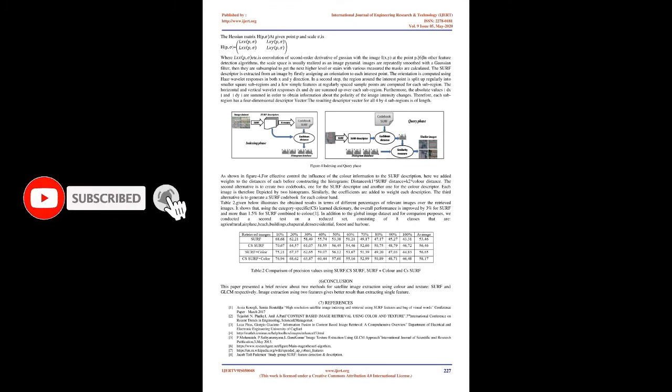The horizontal and vertical wavelet responses dx and dy are summed up over each subregion. Furthermore, the absolute values of dx and dy are summed in order to obtain information about the polarity of the image intensity changes. Therefore, each subregion has a four-dimensional descriptor vector. The resulting descriptor vector for all 4x4 subregions is of length 64.